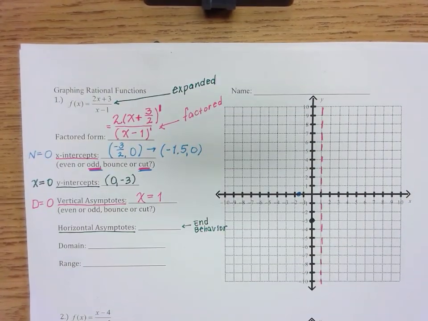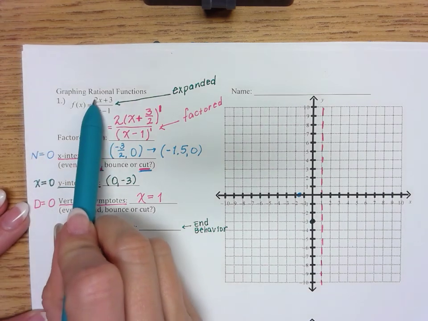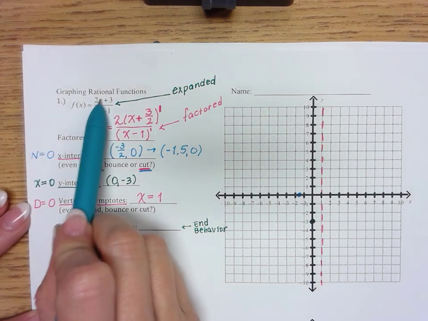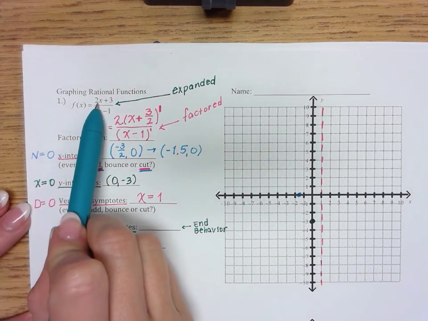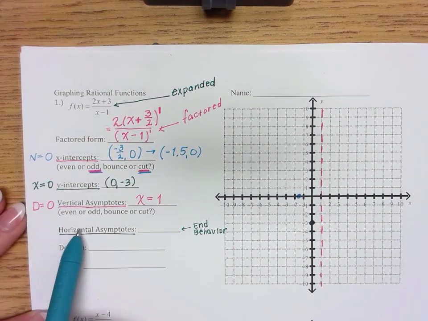Now I have my horizontal asymptote or end behavior. Now, as Algebra 2, sometimes you are asked to sort of just memorize what to do. We did have a full lesson on this otherwise. 2x over x is the part we pay attention to. Horizontal asymptote is really end behavior.